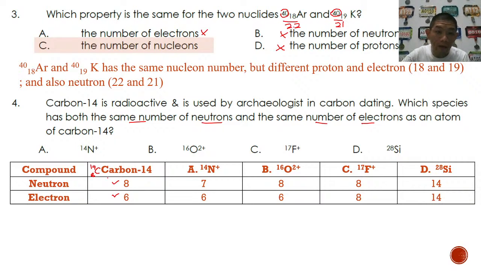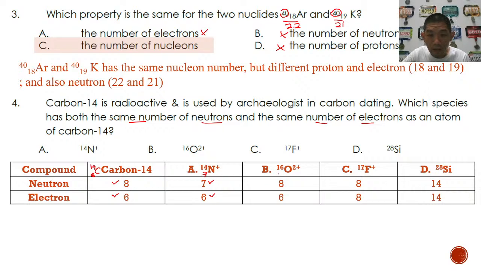Let's have a look one by one at all the subatomic particles. You can check in the periodic table that the proton number of nitrogen is 7. So 14 minus 7, you get 7 neutrons. Whereas the nitrogen ion has 6 electrons because it has already donated 1 electron.